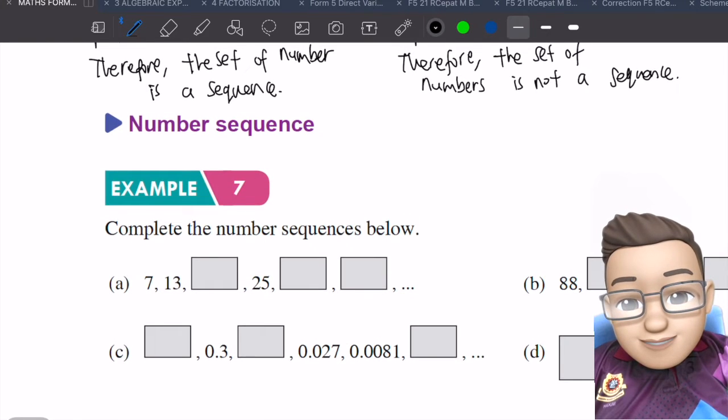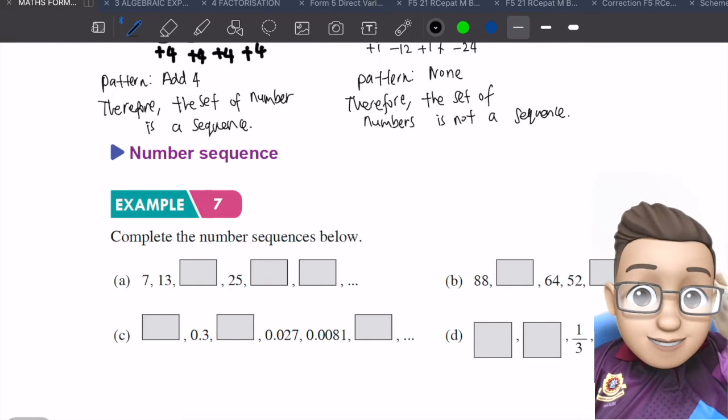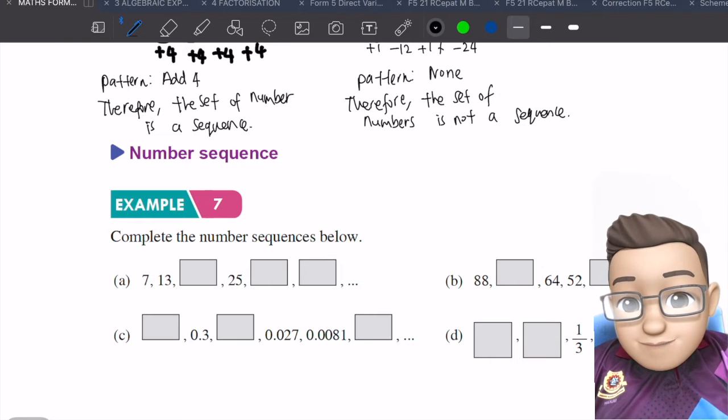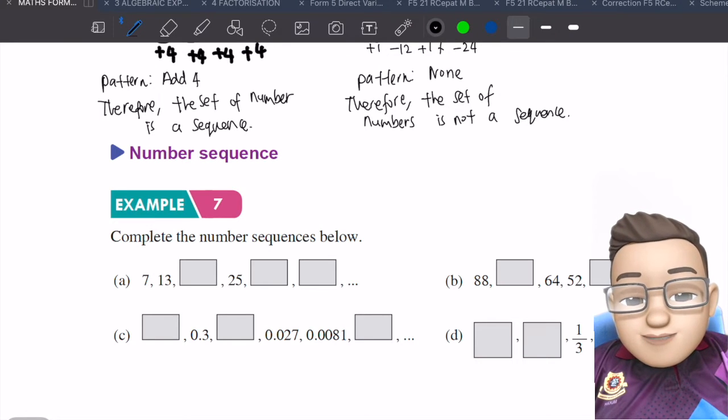Now we take a look at the next example. Complete the number sequence below.